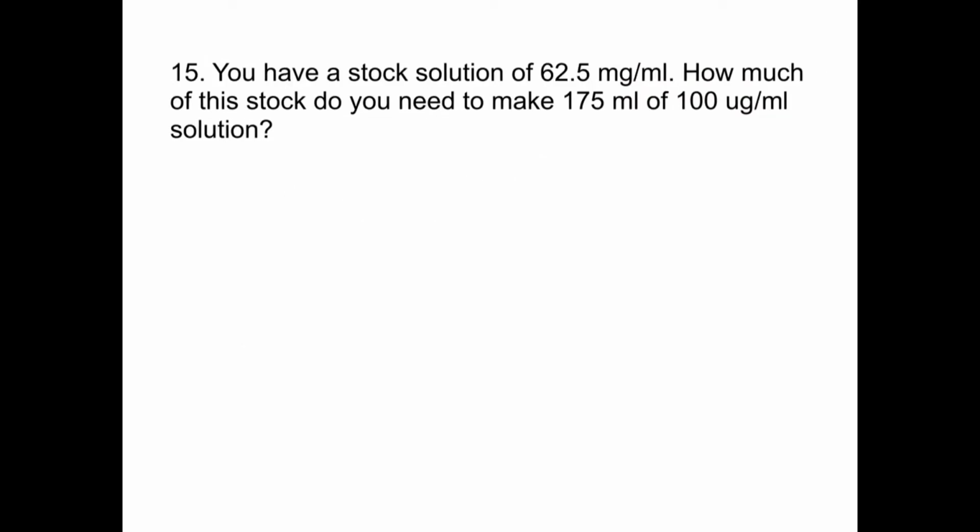Here again we have a very similar question to the previous one. We have milligram per milliliter, which is again a concentration, and here we've got microgram, so we need to be careful.